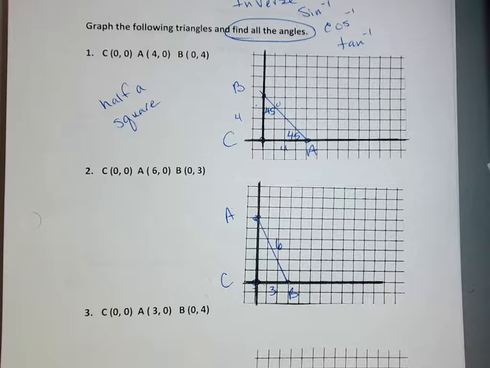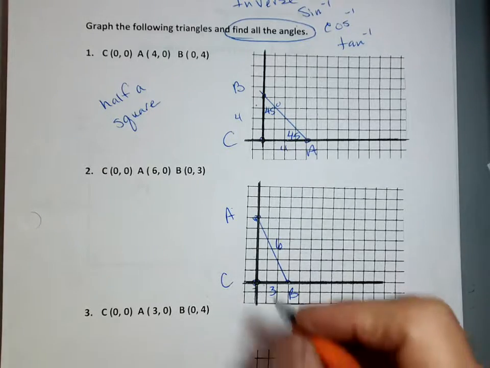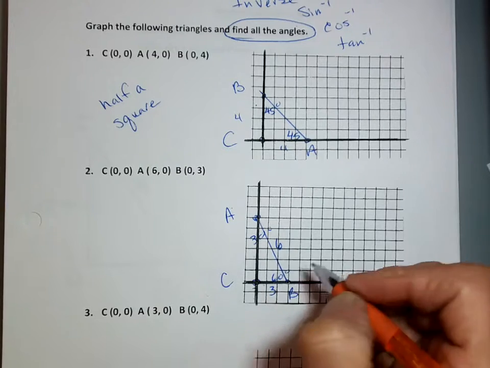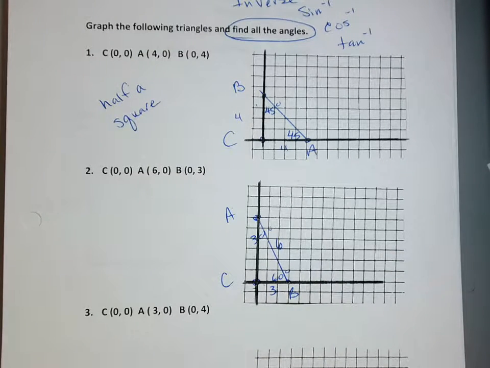If we have a triangle where the hypotenuse is twice as big as the short leg, 6 and 3, right? The hypotenuse is twice as big as the short leg. It forces it to be this special right triangle. So the angles are easy, okay? That's just going to be my 30 degrees and my 60 degrees, okay? Didn't need any trigonometry. I just used my special right triangles, okay?